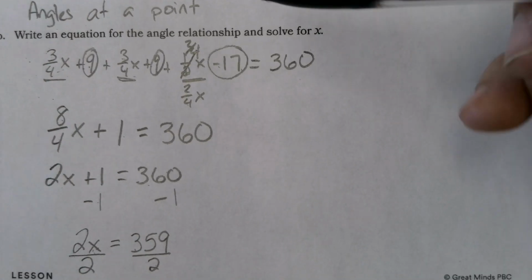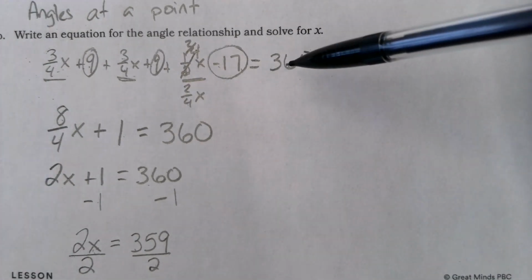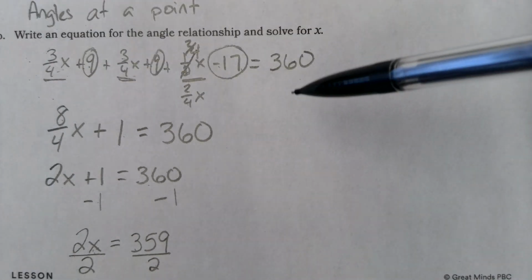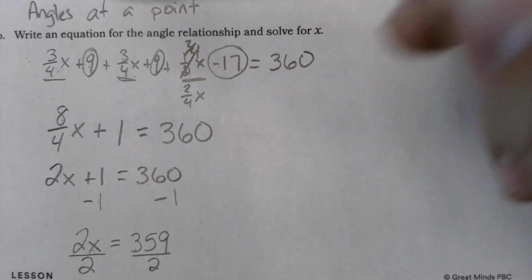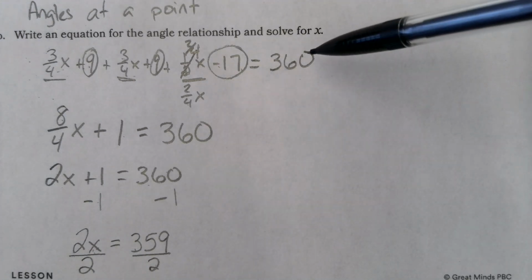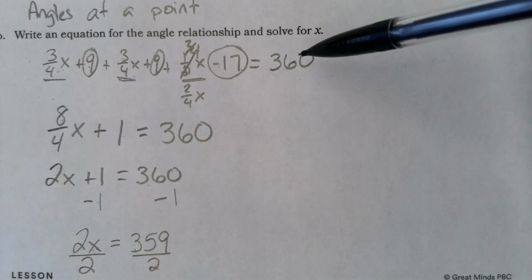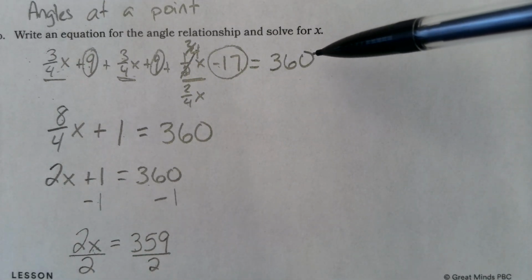In your two-step, write the equation, take all the angles and put plus in between them, because that is how we collectively get the entire angle. And because they're angles at a point, they add up to 360 degrees.